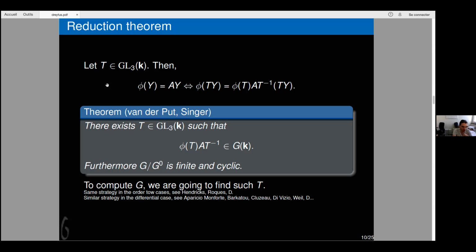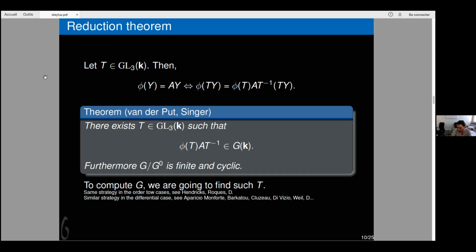So the strategy in the order 2 case was already used by Hendriks in the shift case and the q-difference case, and Roch did it for the Mahler case, and with Roch we did it for the elliptic case. So it's not the first time that this kind of idea is used, and let me stress the fact that you have a similar strategy in the differential case.